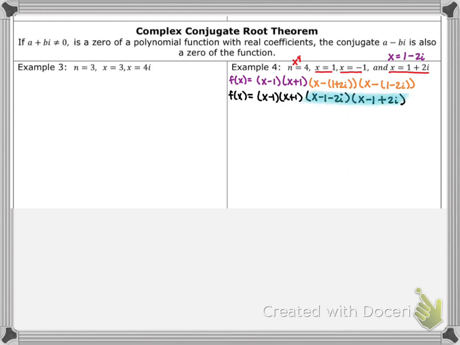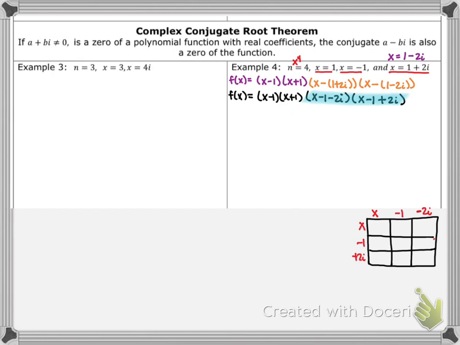It will keep everything organized and it just makes it a little bit easier. So I'm going to come down here and I'm going to write, so this is a 3 by 3. So I need to make sure I make my box big enough. So on the top I'm going to have x, -1, -2i. And then down the side, I'm going to have x, -1, +2i.